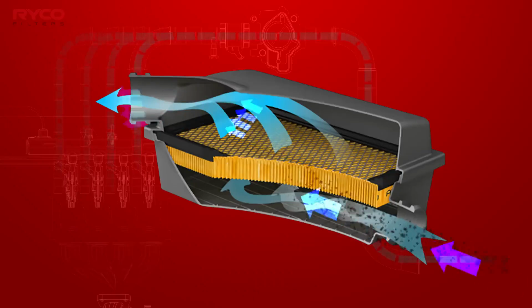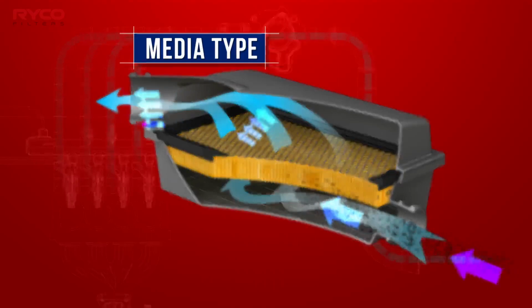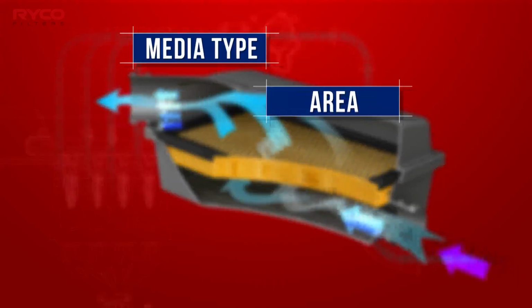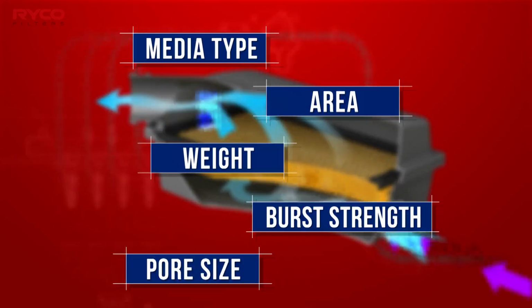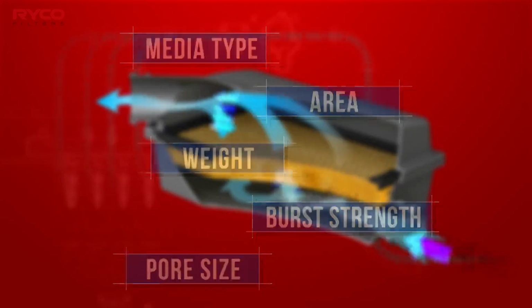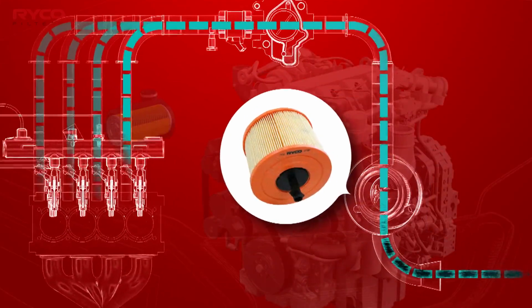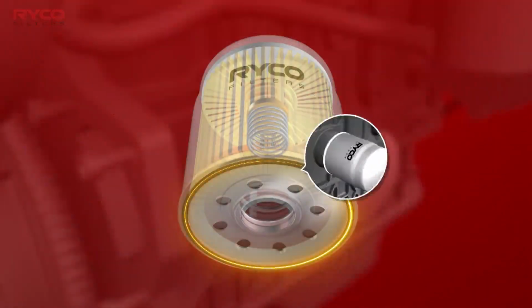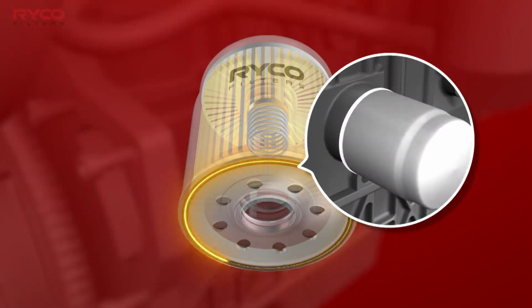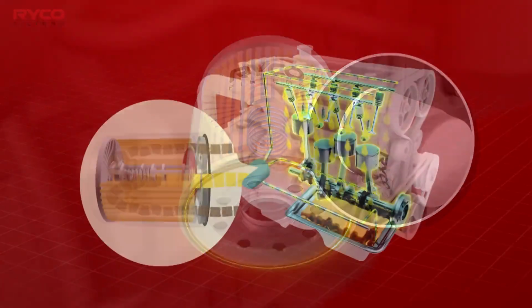Ryco benchmarks original equipment, efficiency, life and flow, and advises suppliers on the media grade required. Media is selected based on several factors, including media type, area, weight, burst strength and pore size. In many instances, the media may appear different to the original equipment filter. However, meeting or exceeding the performance of an OEM is paramount to Ryco's design philosophy.